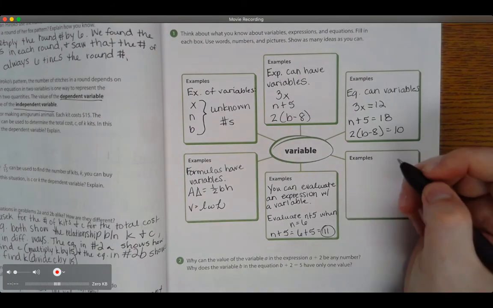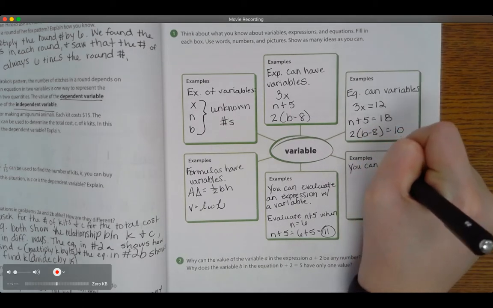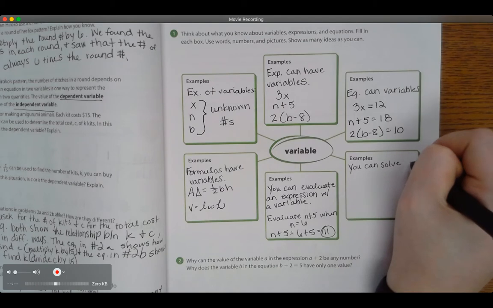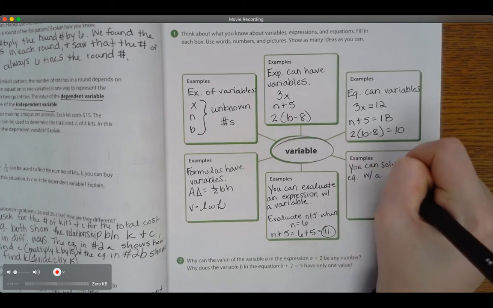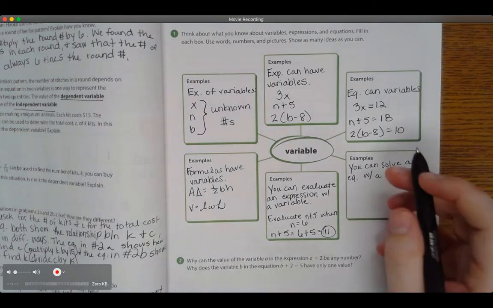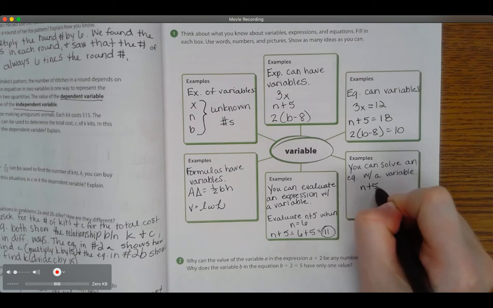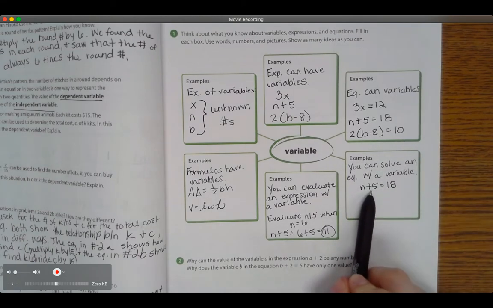All right, last example. You could solve an equation with a variable. So n plus 5 equals 18. You've got to look at the operation that I'm given and use the inverse operation, because my goal is to isolate my variable.